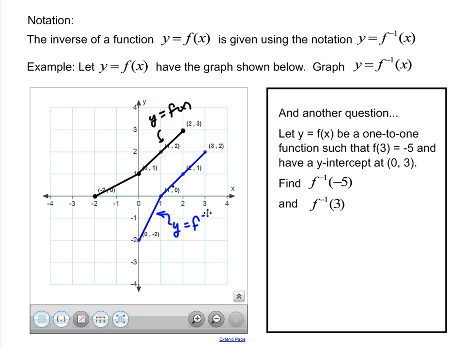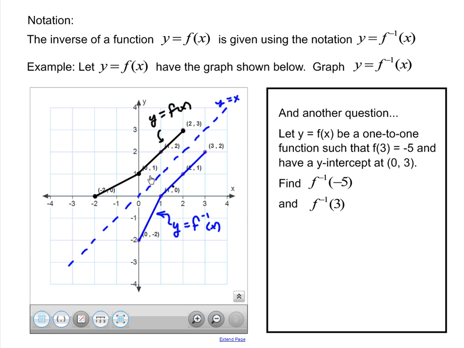A couple of quick notes about this function. First of all, if a function has an inverse, it turns out that the graphs reflect about the line y equals x. So if we're looking at the graph of a function and its inverse, one brief way of getting an idea of what the graph should look like is this reflection about the line y equals x.